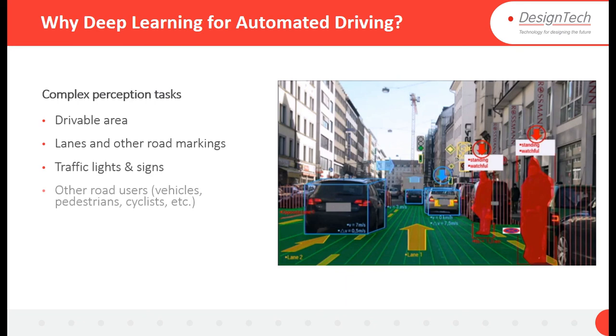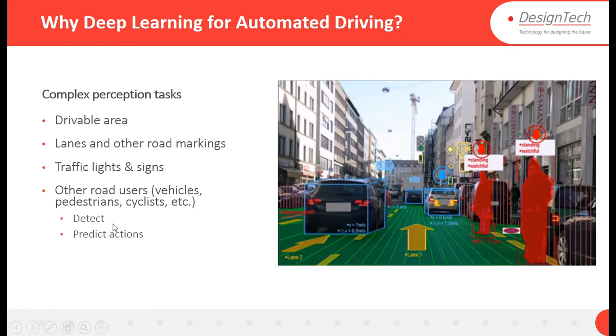Complex perception tasks, lots of things are required which we need to identify, like what is the drivable area, what are the lanes, what are the other road markings, traffic lights, signs, everything through a single algorithm we can do using deep learning.